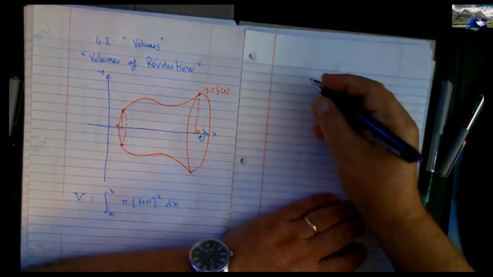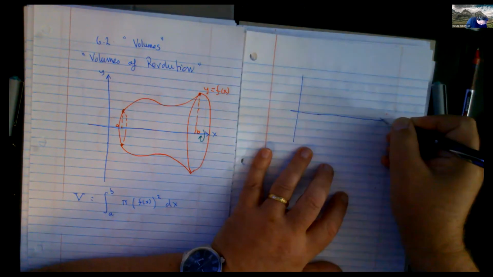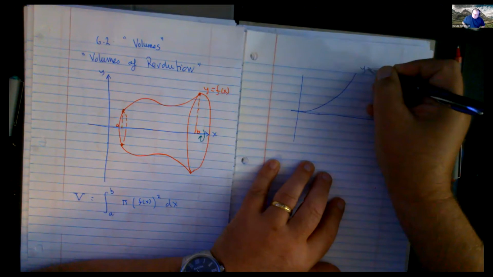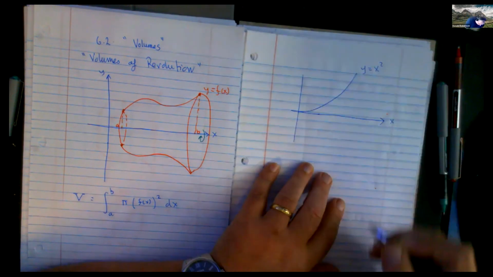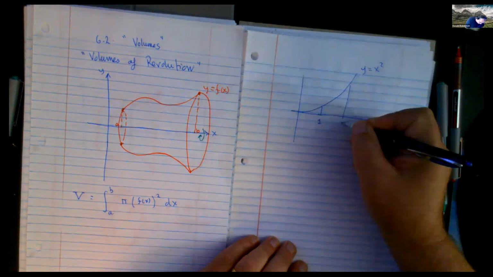Let's actually find the volume of a shape. Let's find the volume of the shape y equals x squared, starting at 1 and finishing at 2.